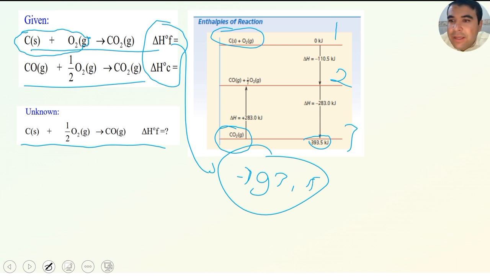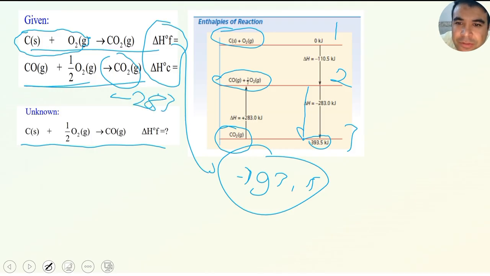And the second one, carbon and half oxygen, are situated on which energy line, guys? Carbon and half oxygen are on the second energy line, till the product CO2. So till the product, this is minus 283 kilojoules. Now, how to use this to find the unknown enthalpy? Carbon in the overall equation is in the reactant, and in the step it is in the reactant, 1 mole, 1 mole.